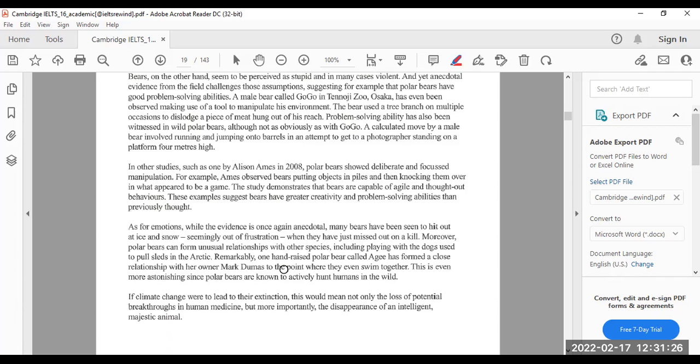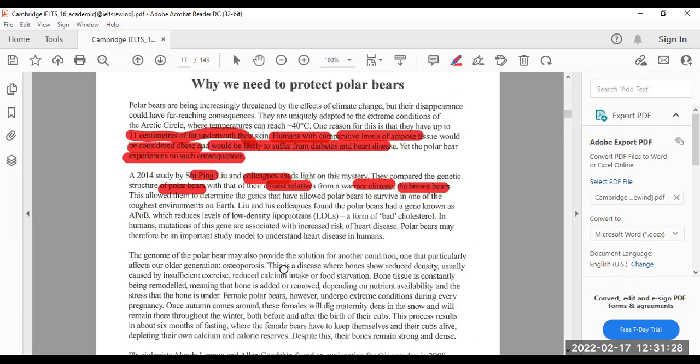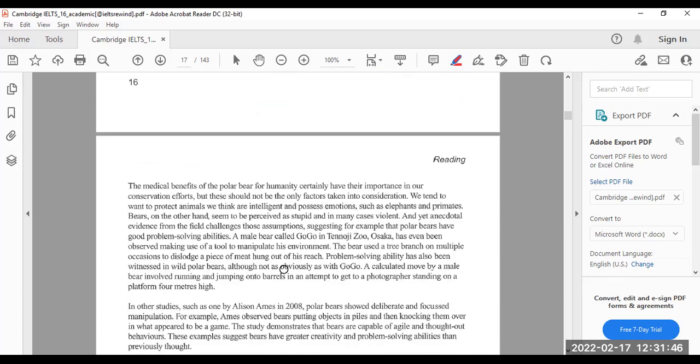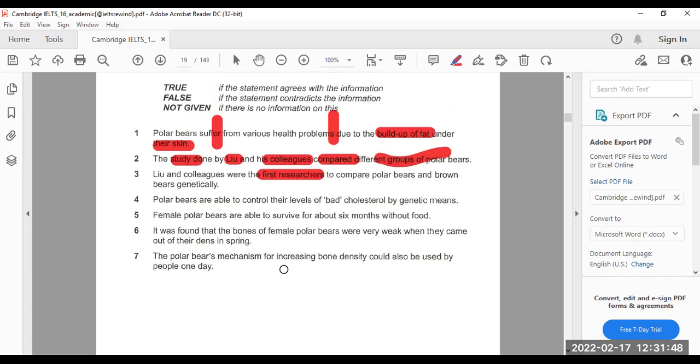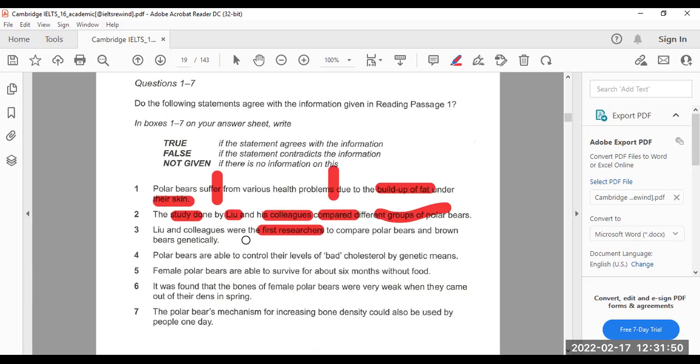So, when I check the passage, I'm able to understand they have done some research, but I haven't got any information that they are the first to do the research on polar bears and brown bears. I don't get any information. Hence, there is no information given. Hence, the answer for the third one is not given.